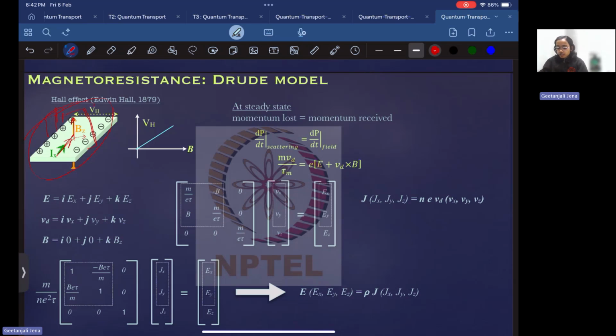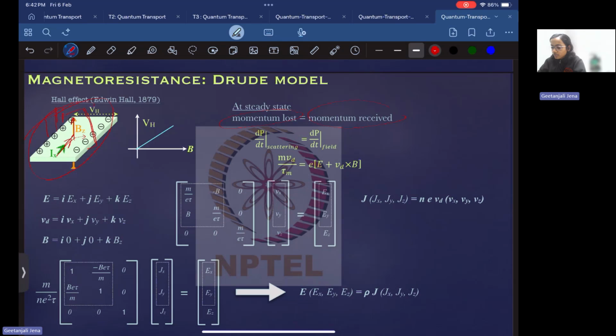To quantify what the Hall resistivity and the longitudinal resistivity will be for this case, we can use the Drude model. For the steady state, the momentum lost should be equal to the momentum received.